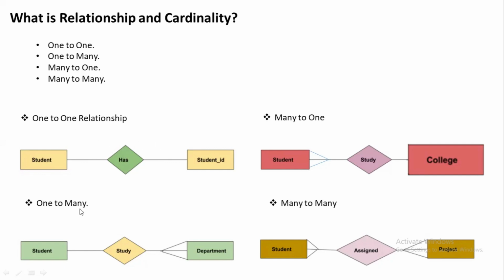So when we come to the one-to-many relationship, when one instance of entity A can be associated with more than one instance of B, it is known as a one-to-many relationship. In this example, there are two entities, student and department, related by the study relationship.